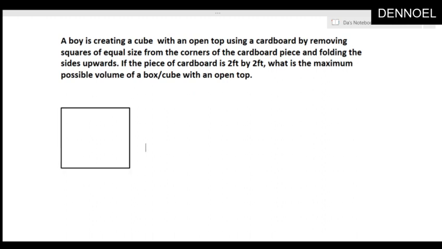Now the first thing I'm going to do is draw a picture to get a better understanding of this situation. So the boy has a piece of cardboard with sides of 2 by 2 feet and he's going to cut out little squares from this piece of cardboard at each corner. The thing we don't know is how big the little squares should be to make this box with a maximum volume.